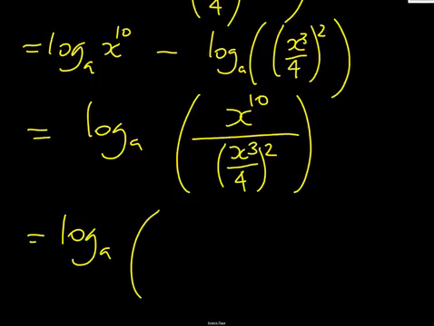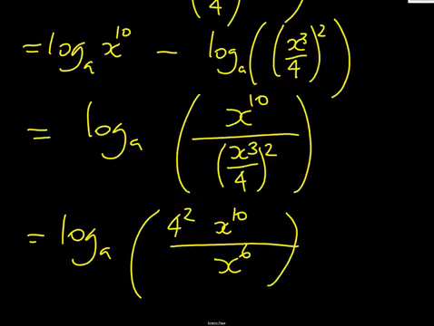reorganize here. Let's start by expanding out all these brackets. We've got x to the 10 on the top. We've got x to the 6 underneath, and we had our divide by 4 squared. So we move that to the top, and we got 4 squared. There we go. So what have we got now?